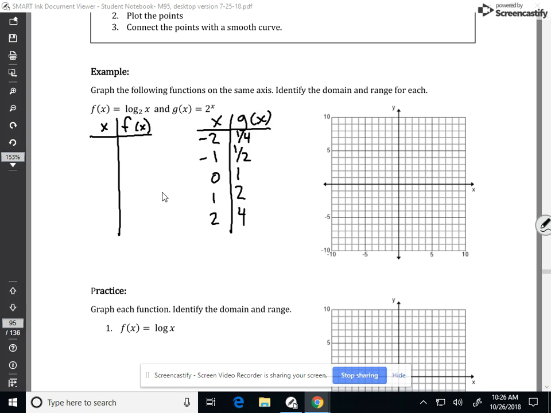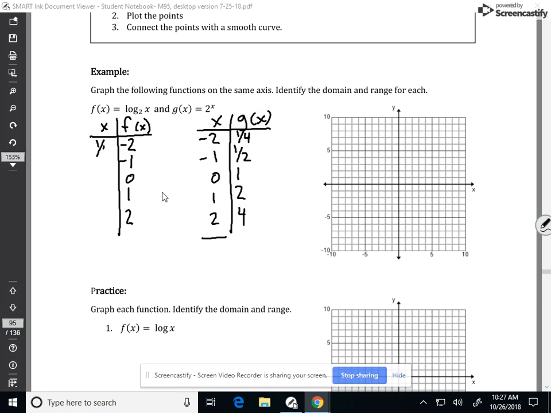So going backwards to its inverse, I now want to pick values for the outcome, right? Because we're undoing this. So if I pick these same outcomes that are over here in the x column for the f of x column, and I say log base 2 of 1/4, remember what we're saying is if I were to raise 2 to the negative second power, what would it equal?